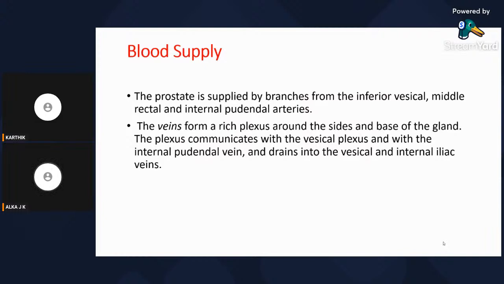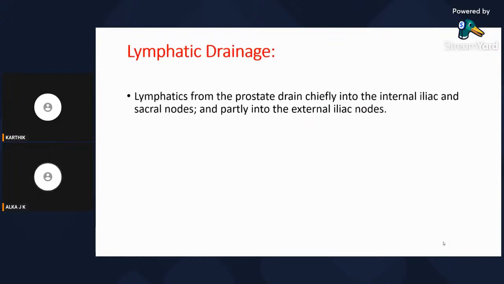Blood supply: the prostate is supplied by branches from the inferior vesical artery, middle rectal artery, and internal pudendal arteries. The veins form a rich plexus around the sides and base of the gland. The plexus communicates with the vesical plexus and the internal pudendal vein and drains into the vesical and internal iliac veins.